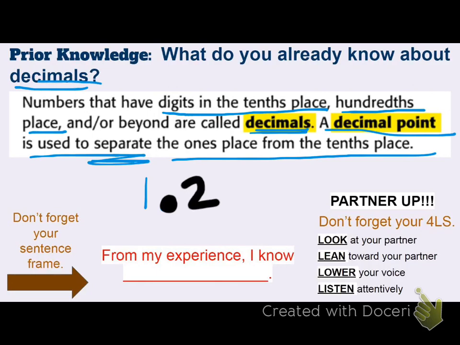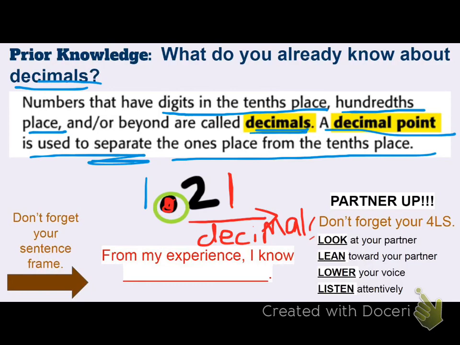It has a value less than 1. It's actually 2 dimes or 20 cents. If I put a 1, then that's the hundredths place. Anything that's on the right side of the decimal is going to have a value of less than 1, and these are the decimals. So from my experience, I know that a decimal can really act as a barrier.